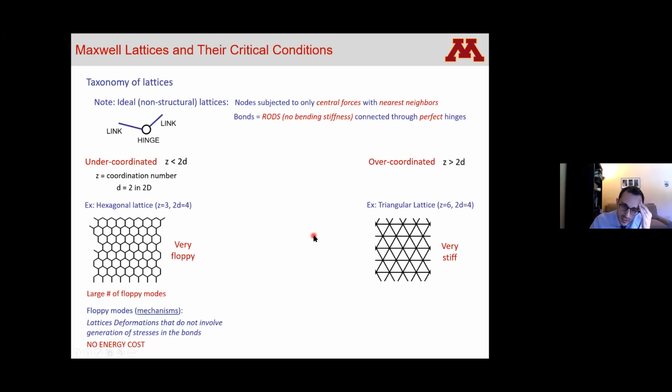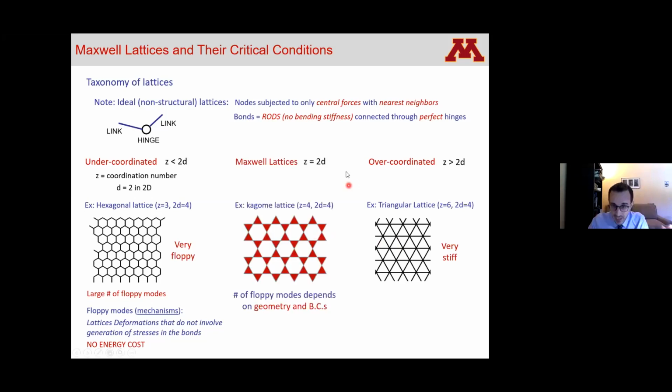And in between, I have so-called Maxwell lattices that are called this way because Maxwell was actually the first who had some kind of formal intuition of their behavior. And in 2D, a typical example is the kagome lattice, which is shown right here, where each node is connected to 4 neighbors. So essentially, it's a collection of equilateral triangles.